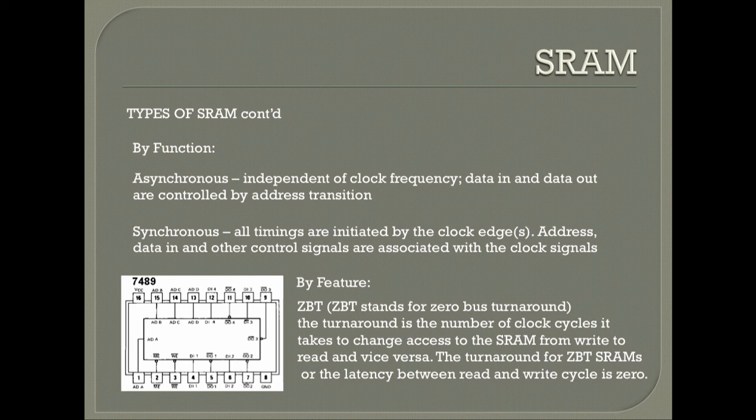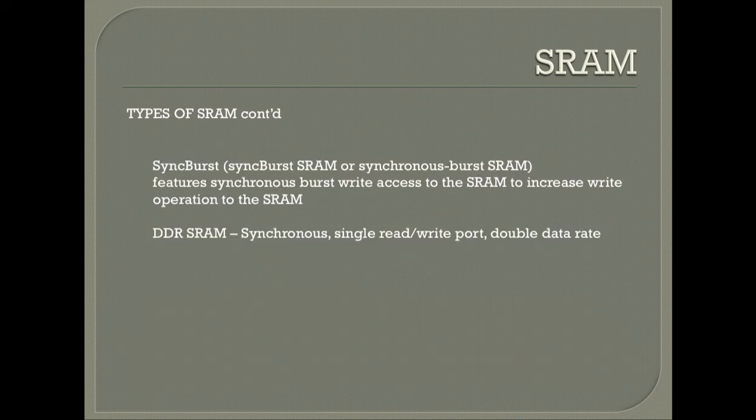And as you can see, I do have some images of what SRAM circuits might look like and pictures of the SRAMs. Sync burst SRAM, or synchronous burst SRAM, features synchronous burst write access to the SRAM to increase the write operation to the SRAM. And then DDR SRAM, we have all heard of DDR.